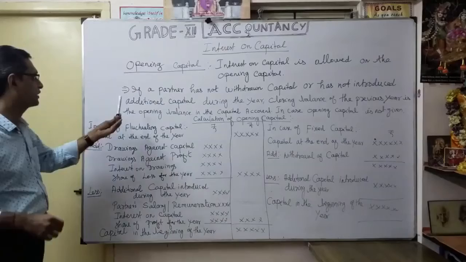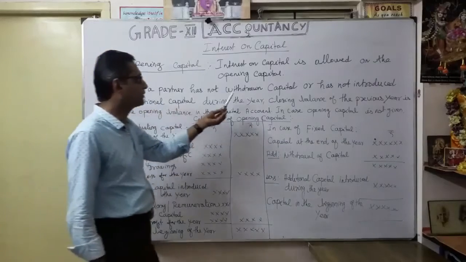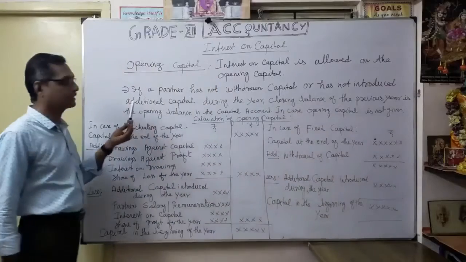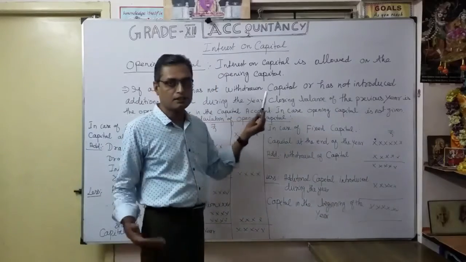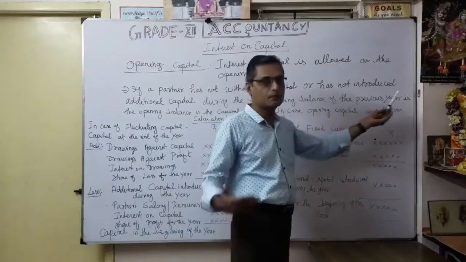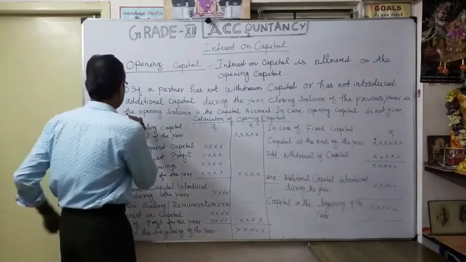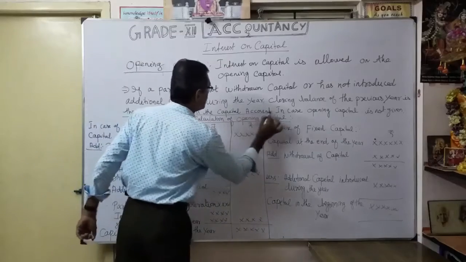I'm trying to say that if the partner has not withdrawn capital or introduced any additional capital during the year, naturally the closing balance of the previous year is the opening balance in the capital account. Okay, that is the easy understanding.